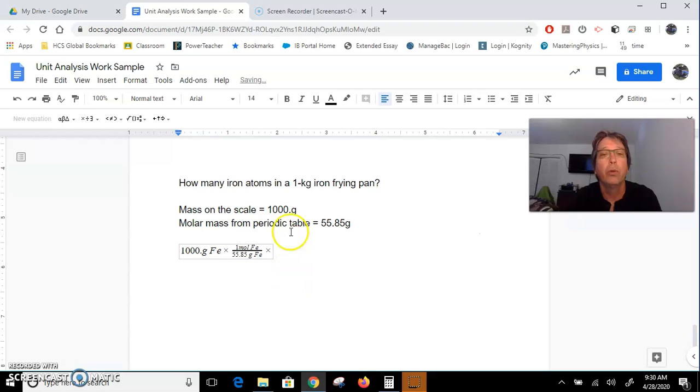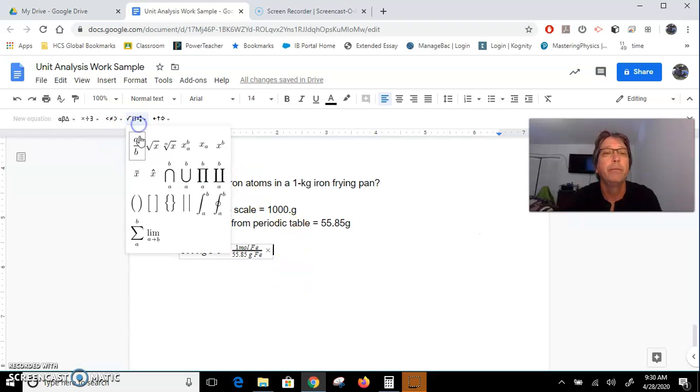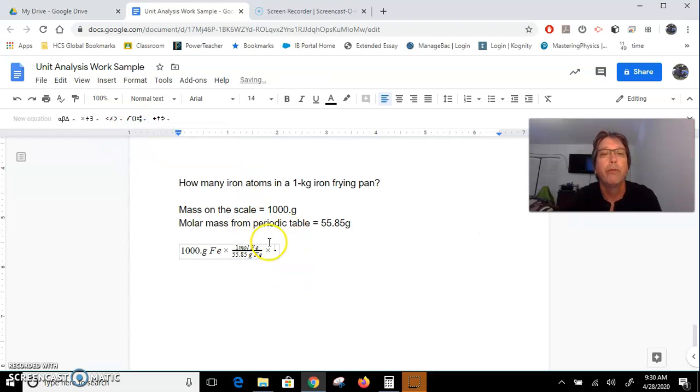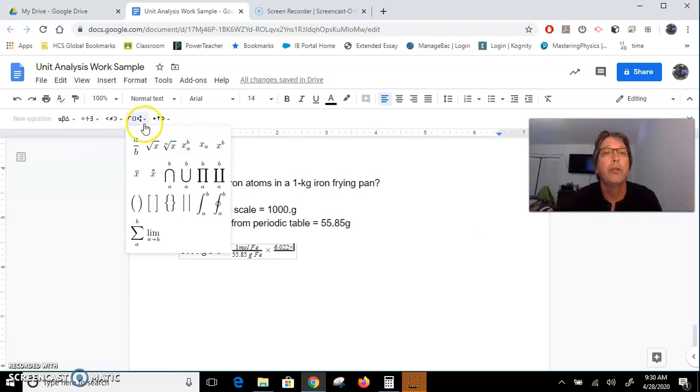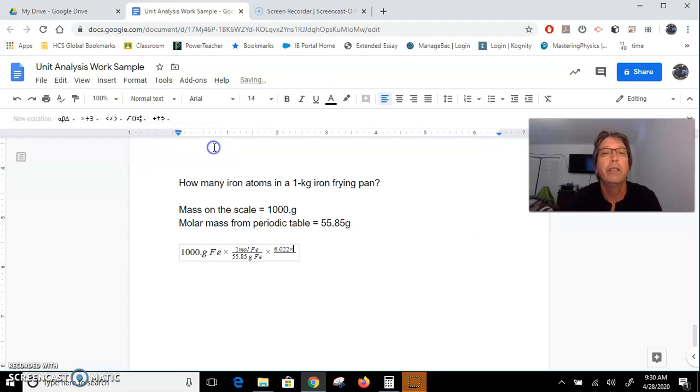Now that we're down to moles, we can add a new one. I'm going to put my little fraction in. And I can say that I know there's 6.022 times, and remember, I'm going to use an exponent this time, not a fraction. 10, hit the tab key. 23, hit the tab to get out of that.